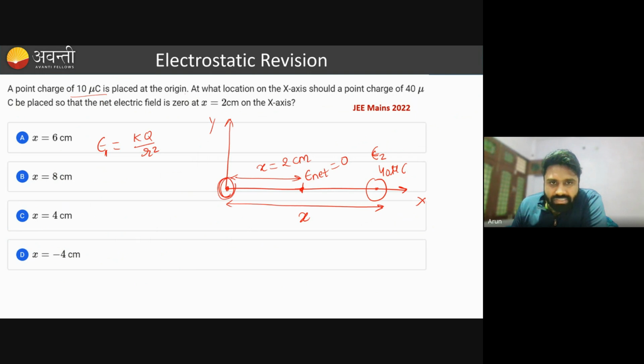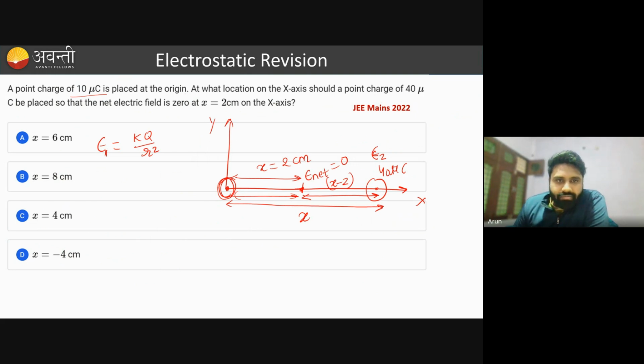This is a positive charge. Let's say the distance from this point to the 40 microcoulomb charge is x minus 2, because this distance is 2 centimeter and the complete distance is x centimeter, so it will become x minus 2 centimeter.